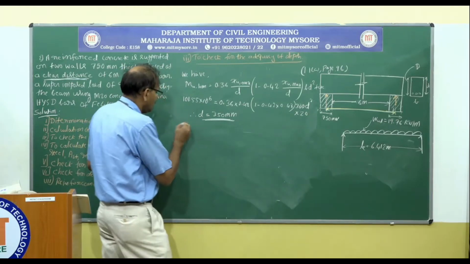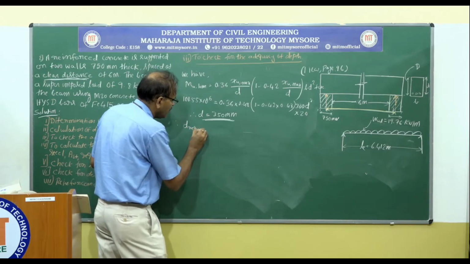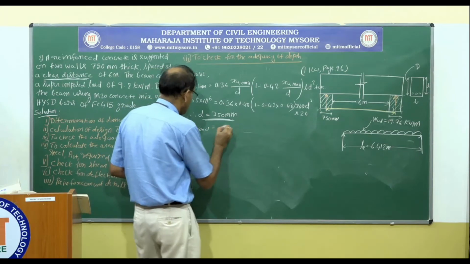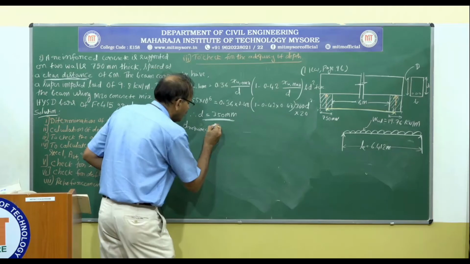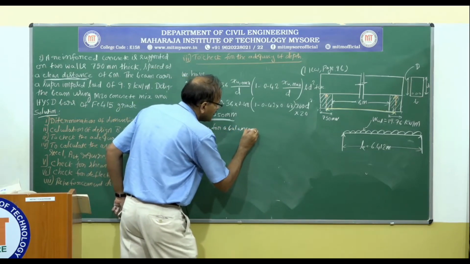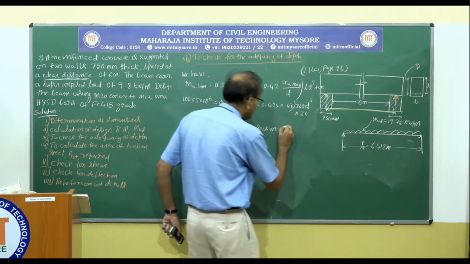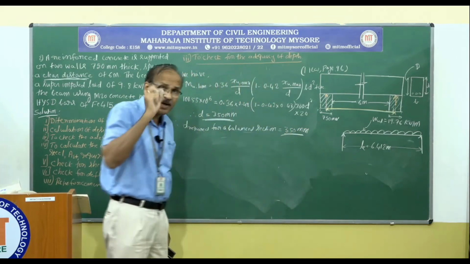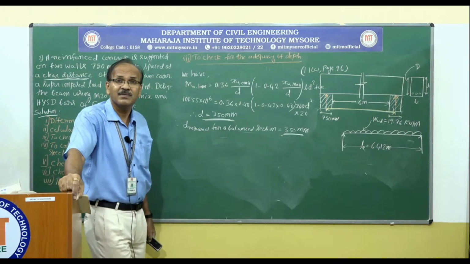So therefore D required for a balanced section equal to 350 millimeter. Minimum effective depth we have to provide is 350 millimeter.